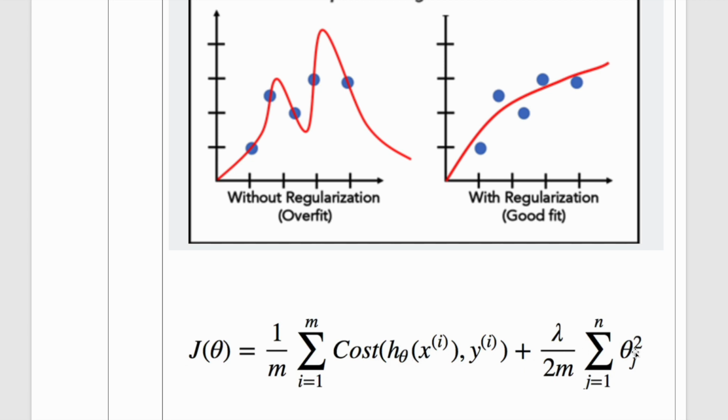Because of any higher theta, it will stop the theta from growing to a very large number, because lambda is a number less than 1, right? And this is squared. So whenever any particular theta j becomes very, very big, it will try to control it and bring it down. And when I bring my slope down, that means I'm regularizing my fit.